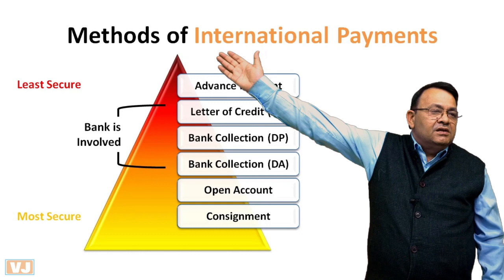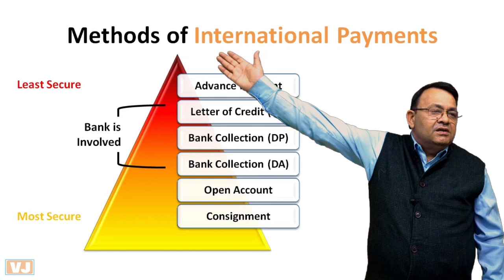Then the consignment terms of international payment is the form of open account wherein the payment is made after the goods have been received by you from the supplier and have been already delivered to the end user or sold to the end user, and the payment has been made by the end user to you. Based on that payment, the payment will be made to the supplier. So here there is no fixed period of the payment.